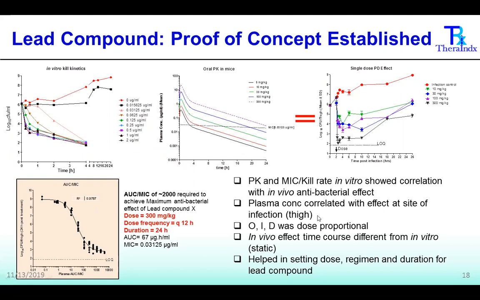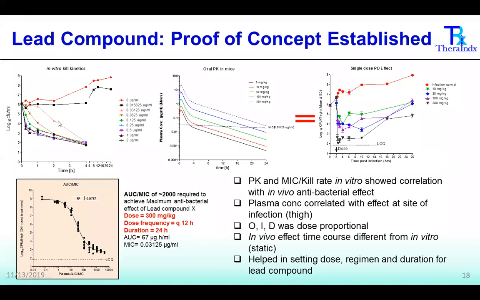The second important point is the plasma concentration correlated with effect at the site of infection, which is the thigh here. The onset, intensity, and duration was dose proportional in vivo. Another important point is that the in vivo effect time course is clearly different from the in vitro.